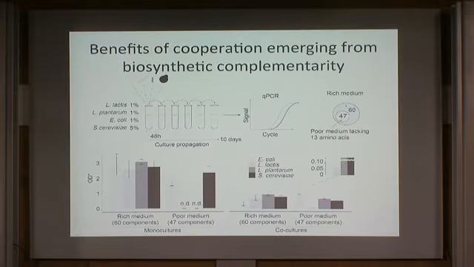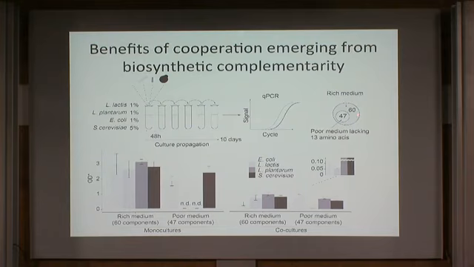So then we wanted to see whether, in principle, this cooperation of exchanges of metabolites can exist in some cultures. We took 4 bacteria and 1 yeast, propagated them for 10 days, and measured who was present in the final culture, under 2 conditions.